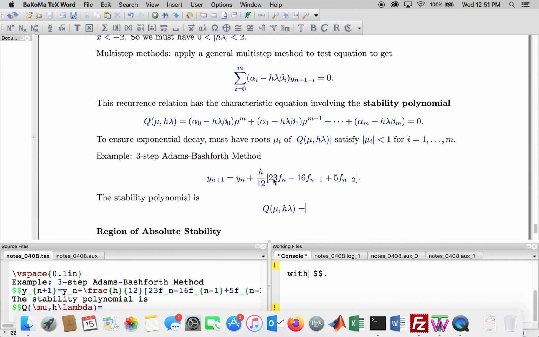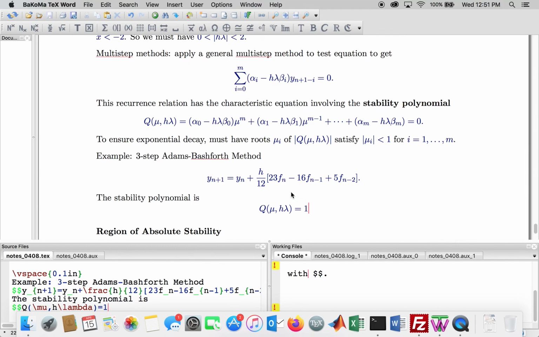Here's beta 1, here's beta 2, and here is beta 3. Don't forget to divide by 12. That's part of it. So for our first coefficient, it's going to be alpha 0, which is 1, minus h. Well, the lambda comes from the f.